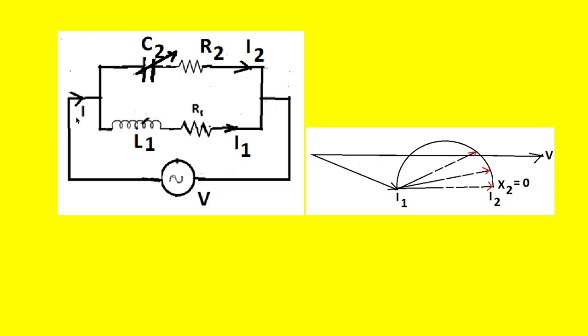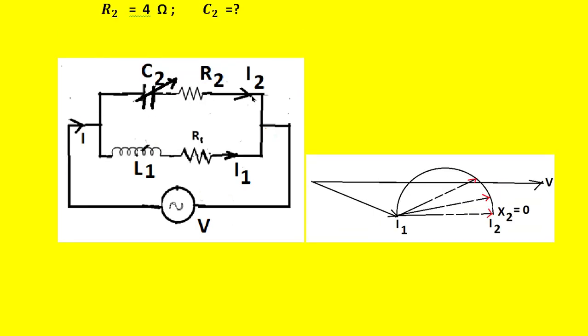Then you have the variable branch, that is the capacitor variable and resistance fixed. Whenever you have one element variable, automatically we get the vector or the locus in the semicircle form. Because it is a capacitor and resistance branch, the current flowing through this we call I2, and that will definitely lead the voltage by some angle like this.